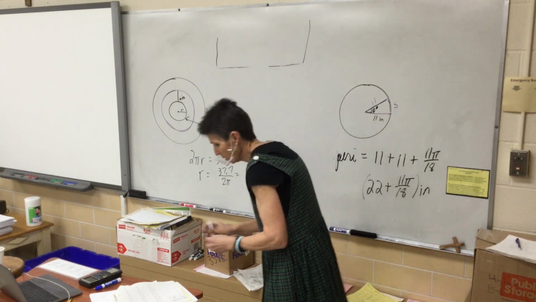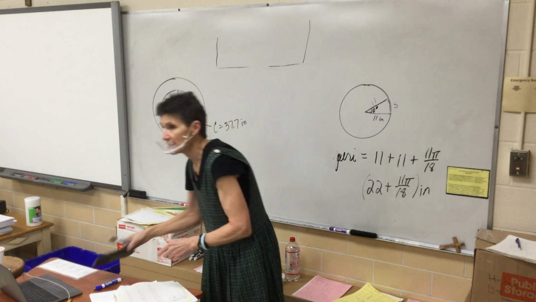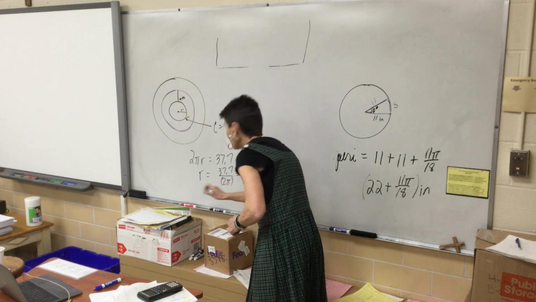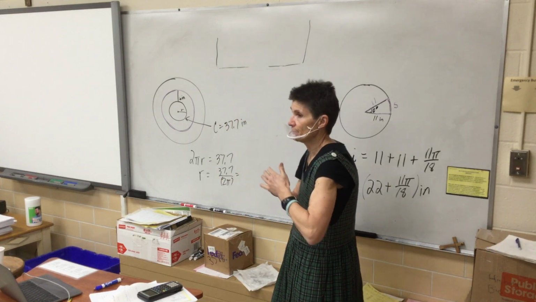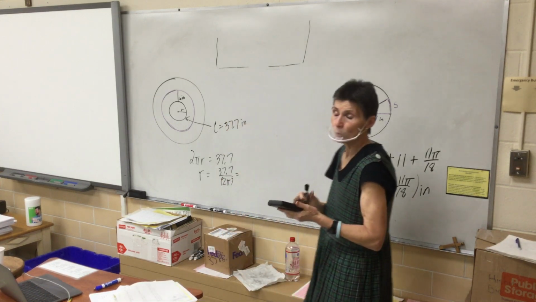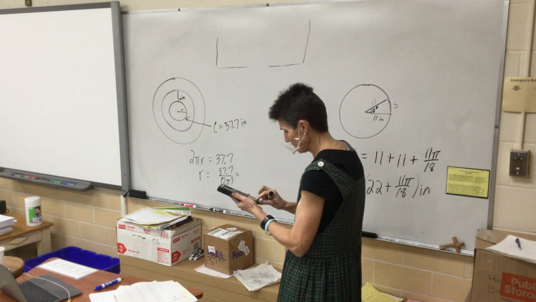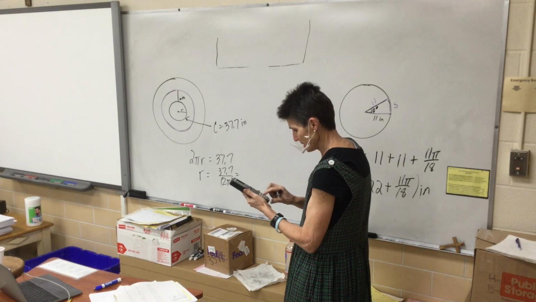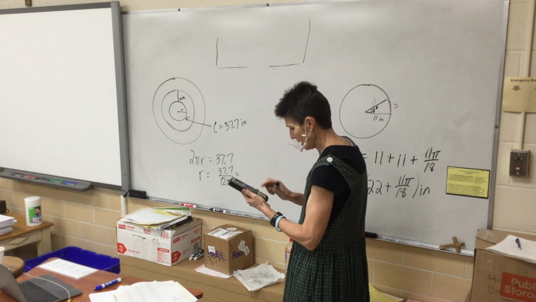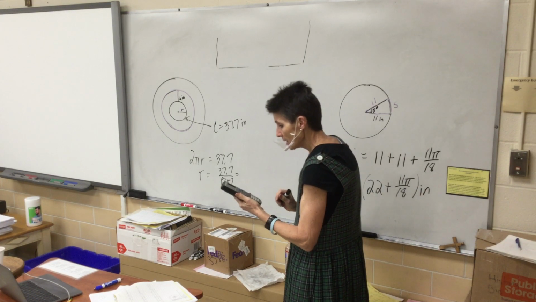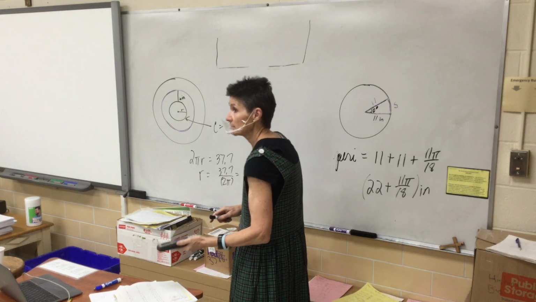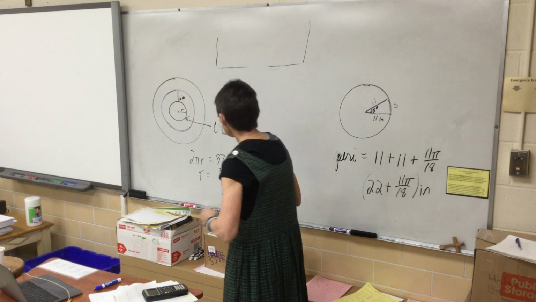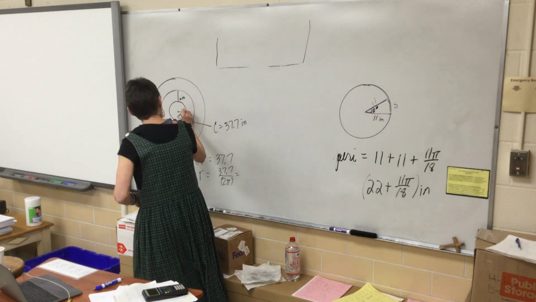If you're gonna type this in on your calculator, be careful, remember, you gotta have that in parentheses or you won't get the right answer. Whenever you divide by more than one thing, so 37.7 divided by parentheses 2 pi, and I got 6. Did you get 6? So my radius is 6.